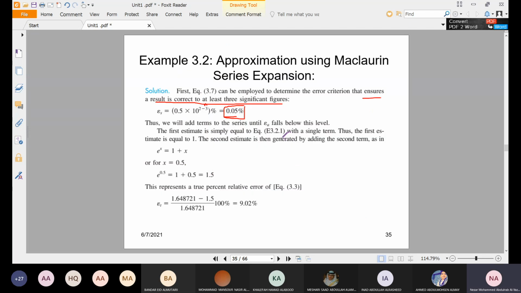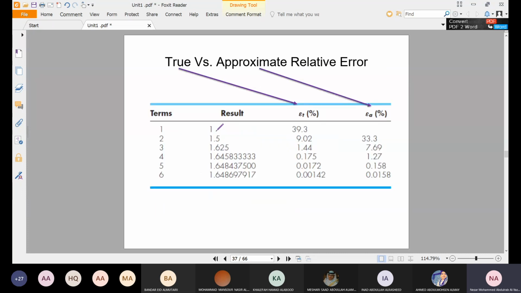So if we add more terms, what's the stopping criteria? We add more terms until the error falls below this level. Here, for example, we have a table of the true value and approximation for the same function. For the first term, we use only one term: f of exponential x is equal to 1.